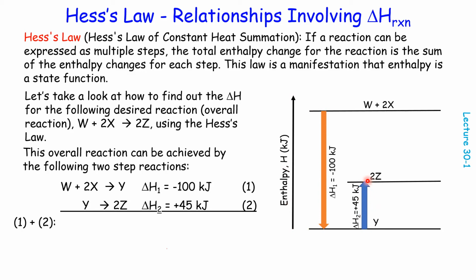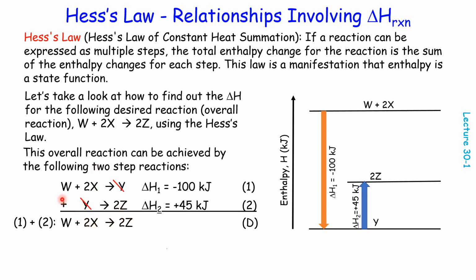Now, if we add the two individual reactions, we should be able to obtain the desired reaction. In other words, if you add them up, you will end up with the desired reaction.